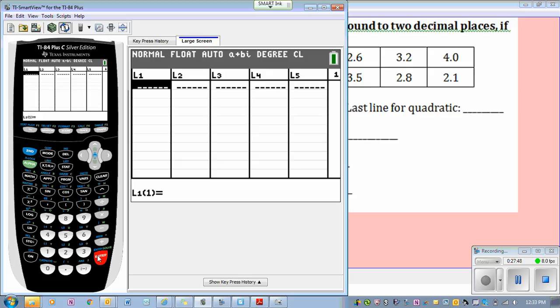All right, so stat, enter. Now you're going to put in all of the data points for X into your L1. Make sure that you plug everything in correctly.